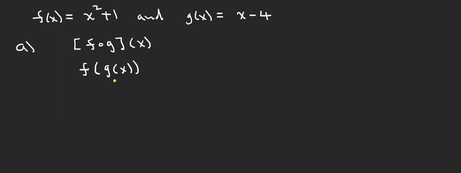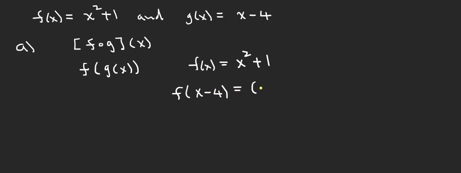So what you need to do is first realize that g of x is x minus 4. And we have f of x equals x squared plus 1. So instead of x, we're going to plug in g of x. So f of g of x, which is x minus 4, that's what we need to do. So instead of x, we're replacing it with x minus 4.